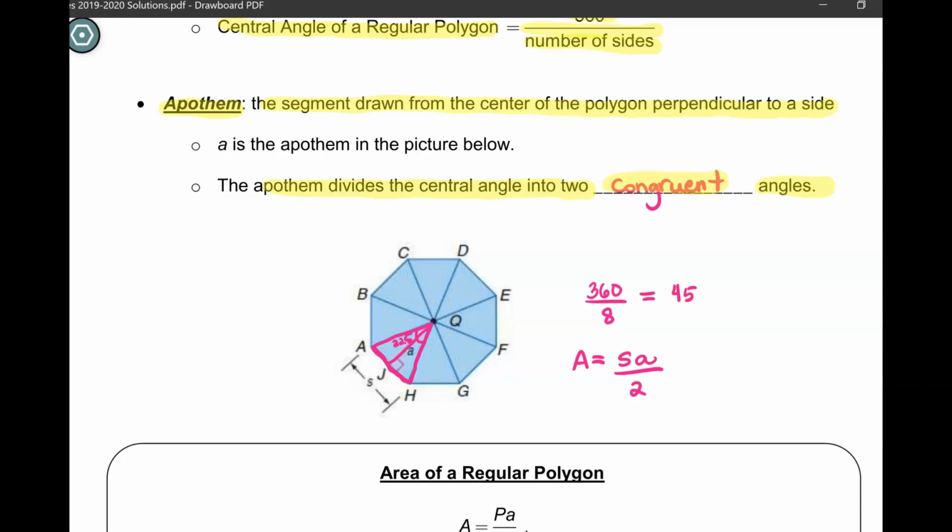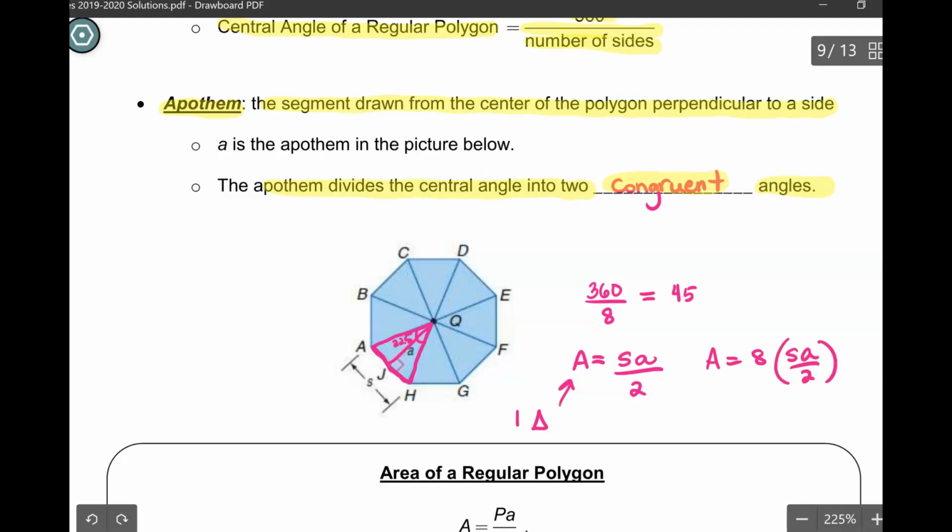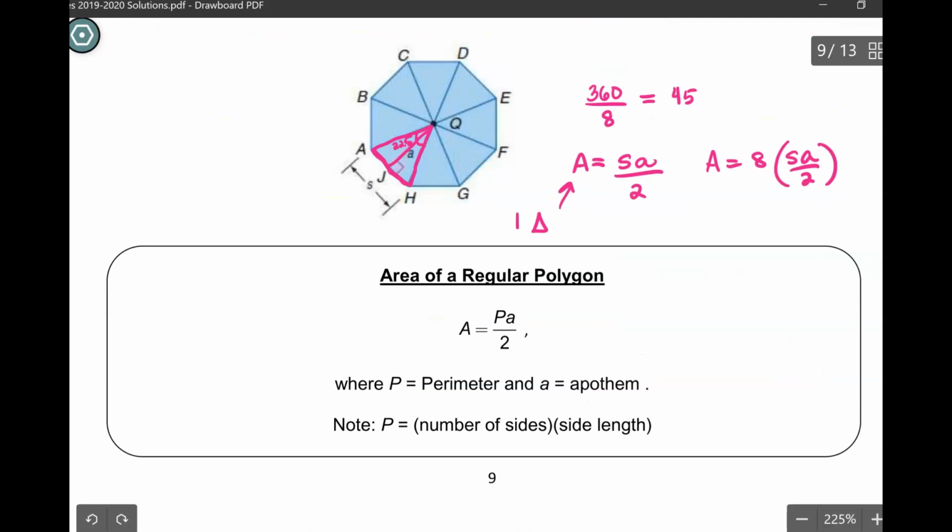In this case, we have 8 sides, so if we wanted the total area, we'd multiply that by 8, because we have 8 triangles. An easier way to think of this is if I multiply the side by 8, that gives me the perimeter. So I'd have the perimeter times the apothem divided by 2. That's the area formula that we are going to use.